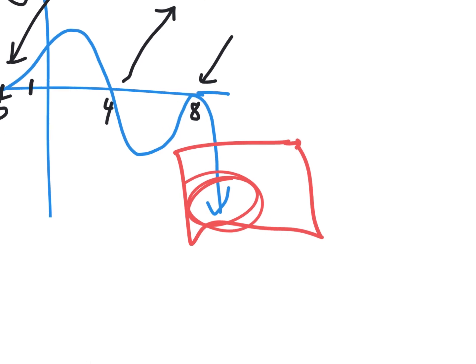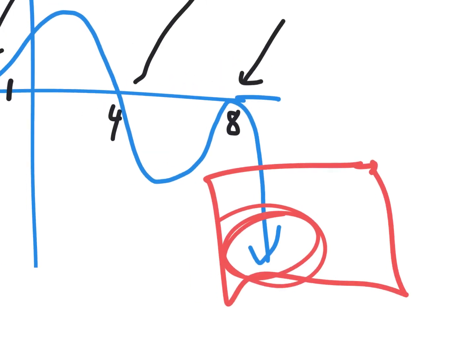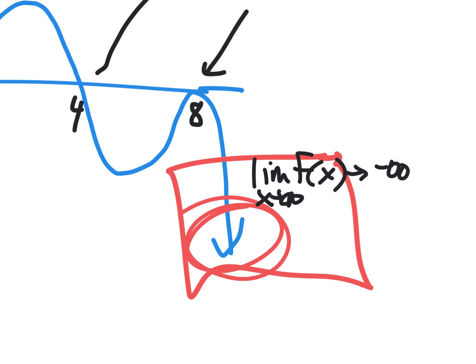All right, now this one. Rissy, what did you get for this limit that's going down there? X goes to what? Infinity. And the f of x goes to negative infinity. Very good. Okay, awesome.